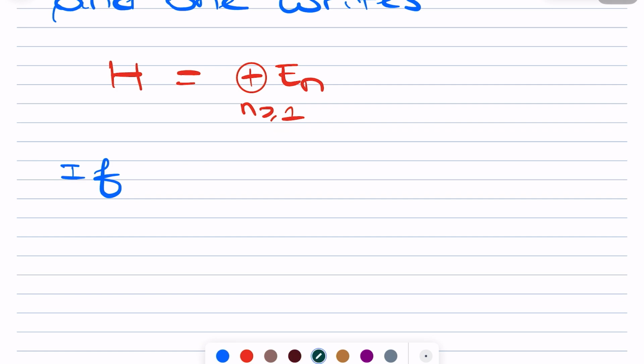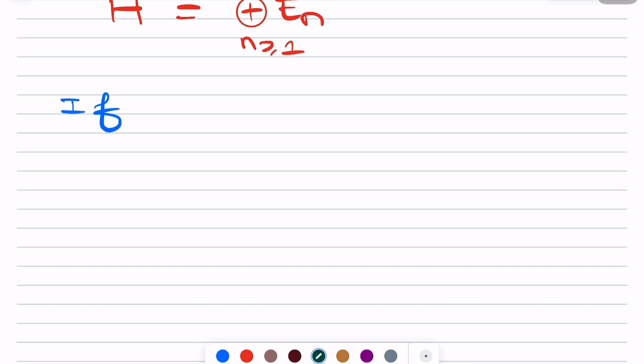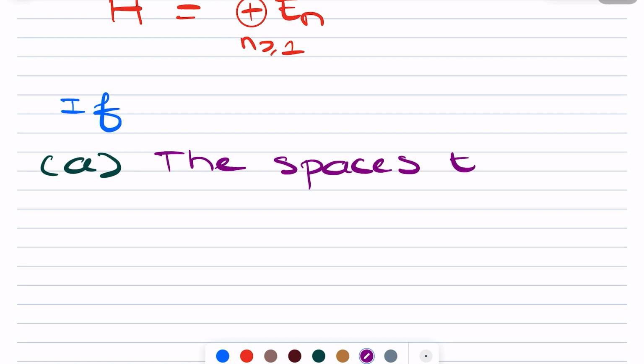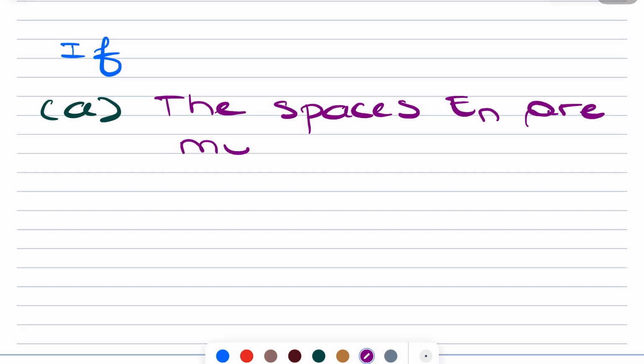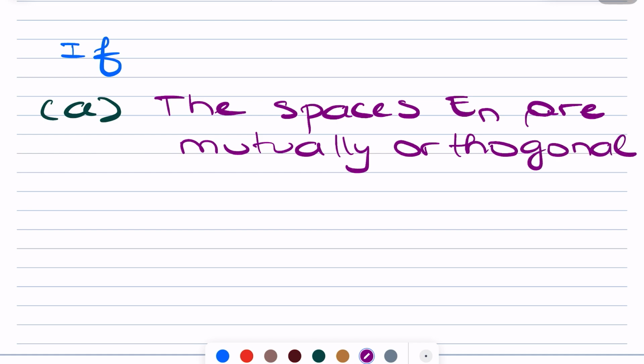the first property is that the spaces En are mutually orthogonal, right?